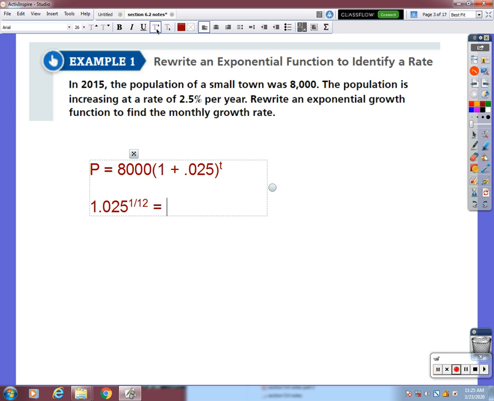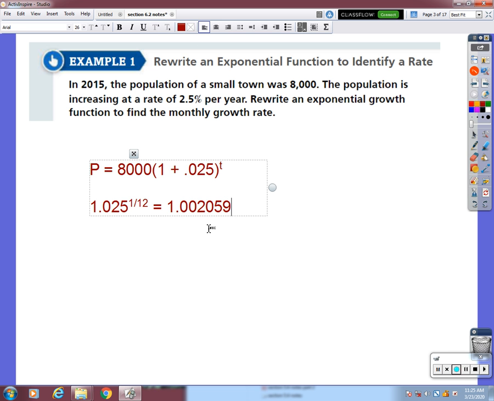So if I jump over to decimals on my calculator and go 1.025 and raise that to the 1/12th power, I get 1.002059.